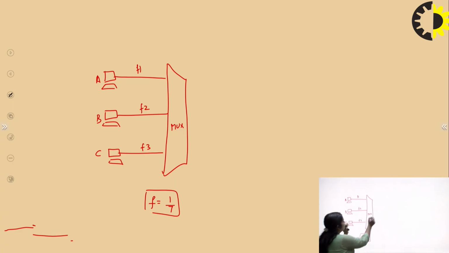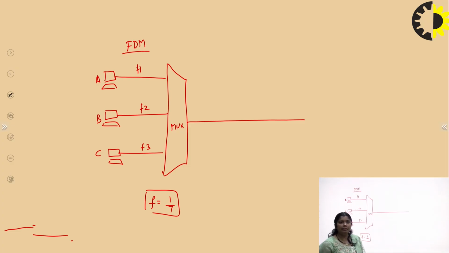Now, when we use the FDM technique, the stations or nodes transmit on different frequencies. These frequencies travel over the shared medium.